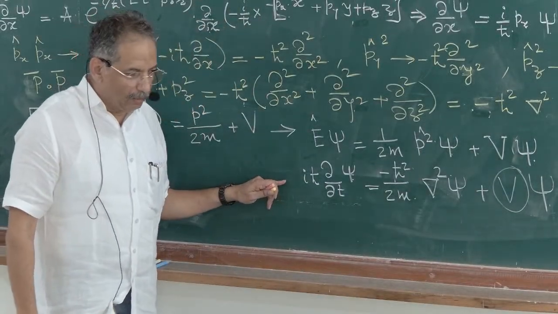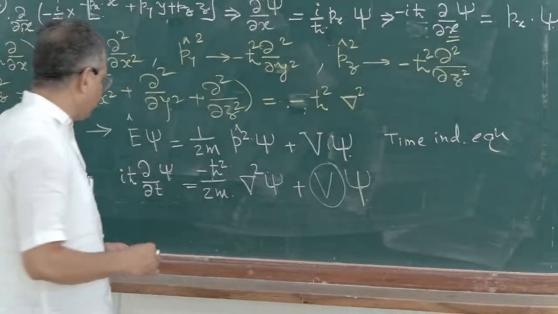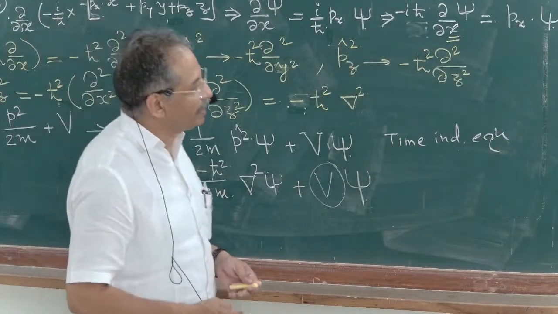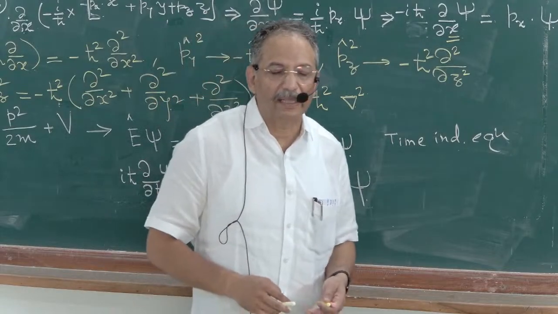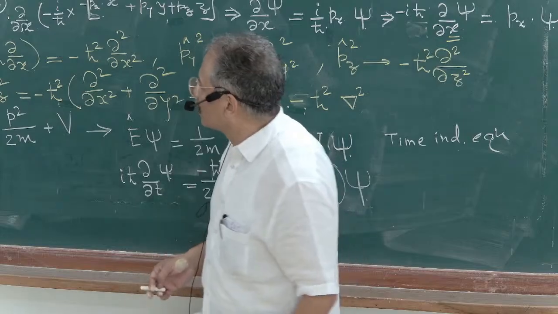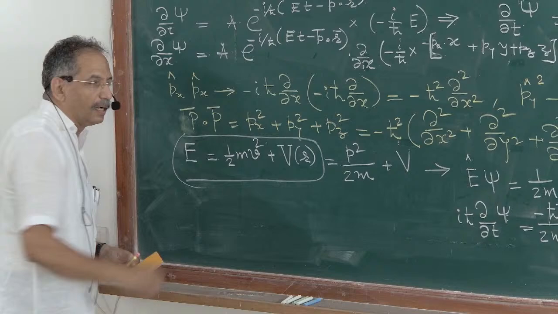But later on, after the discovery of special theory of relativity, the energy equation was rewritten, and to go towards a relativistic approach, I am going to write the new relativistic energy equation.